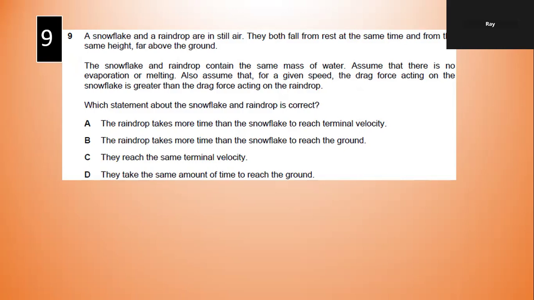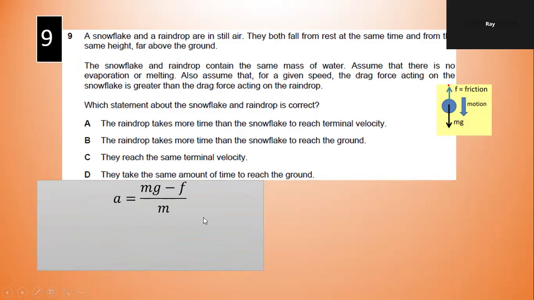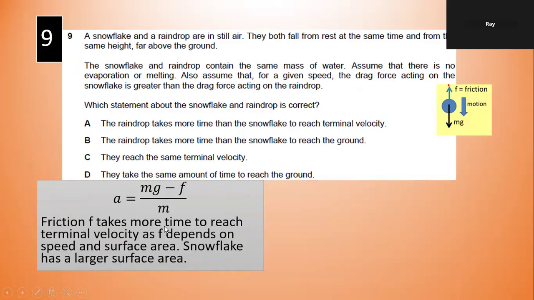A. So I put A. Right? The weight is pulling down, friction or air resistance is opposing it. And then your acceleration is mg minus f divided by m, mass of the snowflake or raindrop. So friction, or air resistance, f, takes more time to reach terminal velocity as f depends on the speed and surface area.